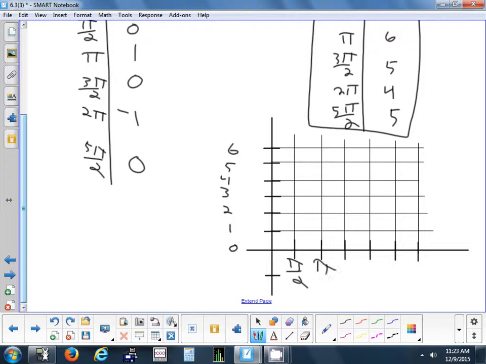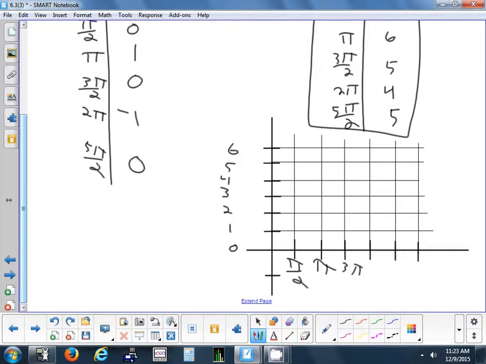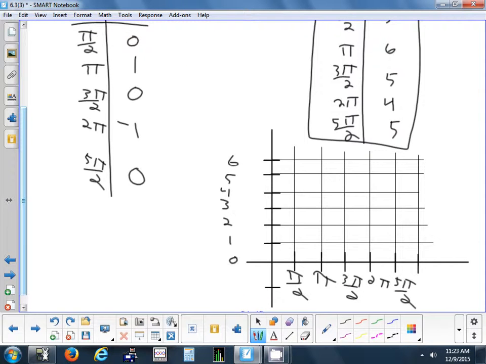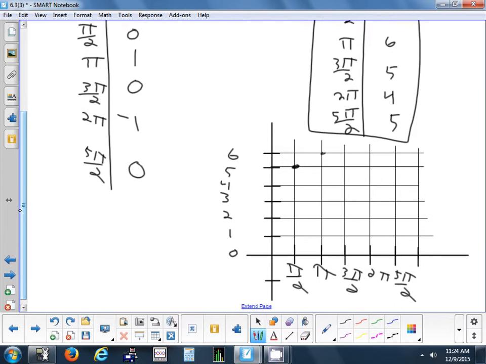Okay, because you got a gap of pi over 2 and then another gap of pi over 2. So that's good. All right, and then 3 pi over 2, 2 pi, 5 pi over 2. All right, so pi over 2, we're up at 5. Pi, we're at 6, 5, 4, back to 5.